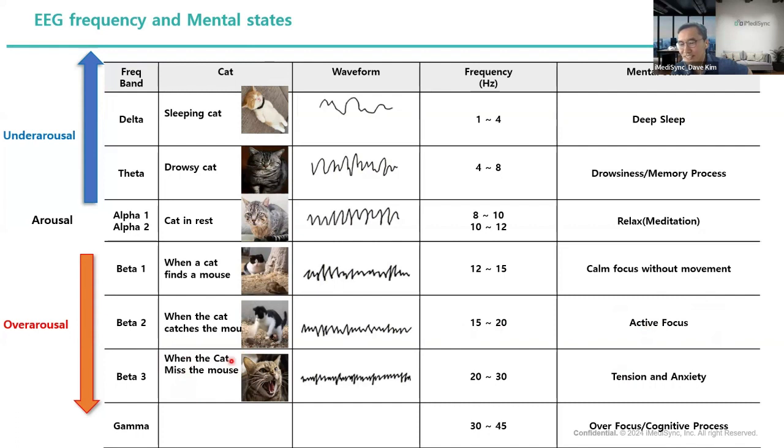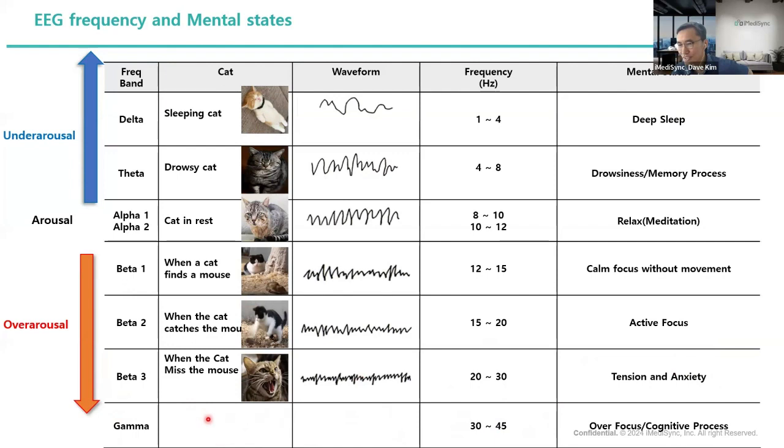Sometimes the cat cannot catch the mouse and misses it, and the cat's stress level increases. In that case, beta 3 rhythm is generated intensively. That is associated with tension and anxiety. And after beta 3 rhythm, there is gamma rhythm, usually between 30 and 45. That is like beta 2, very focused, but it is not a stressful rhythm.